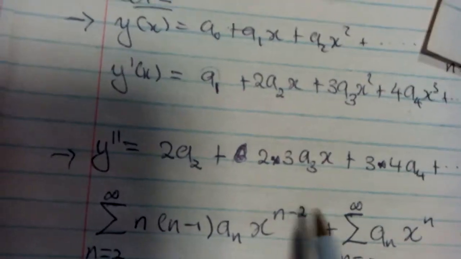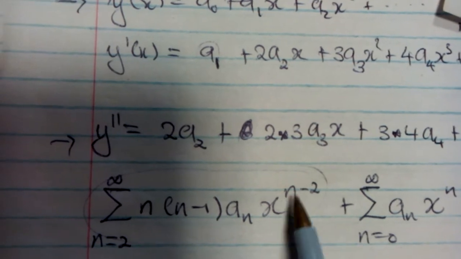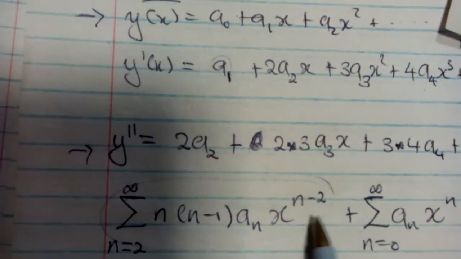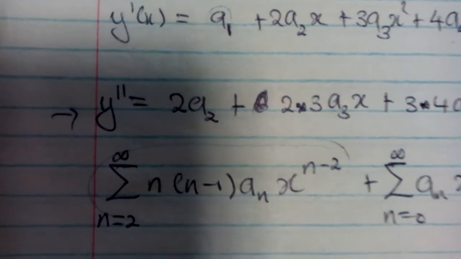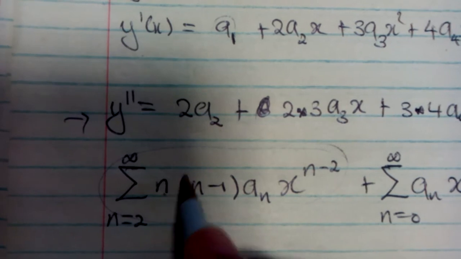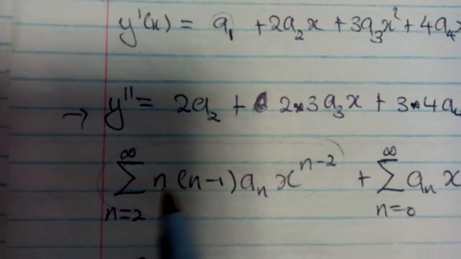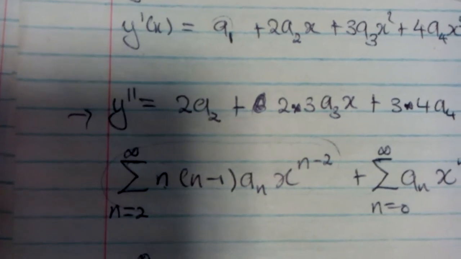Right, I need to shift my index here so that the generic term is x to the n, and to do that I think this is now obvious. This becomes n equal to 0 up to infinity. In fact, these two go up by 2.